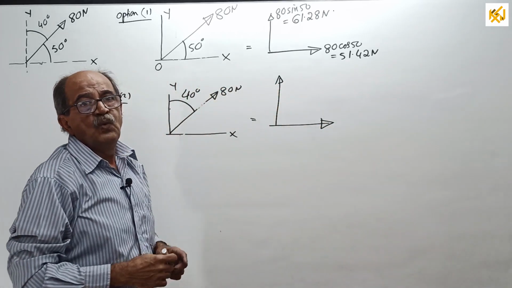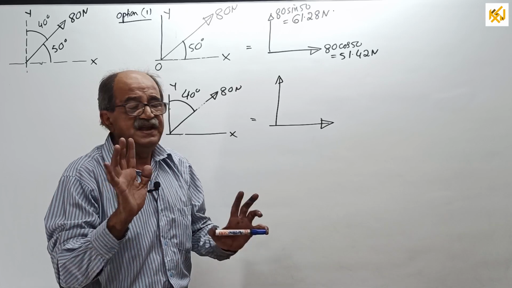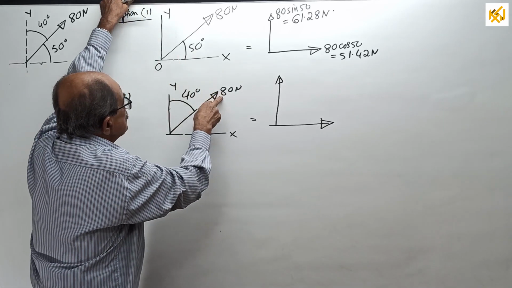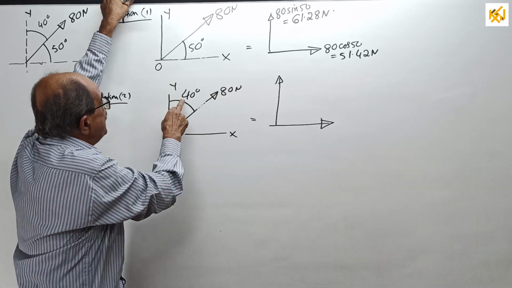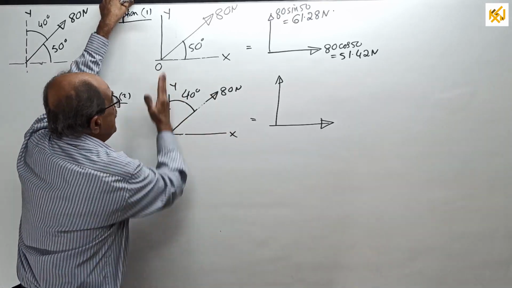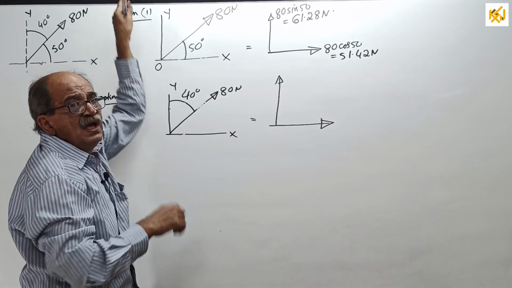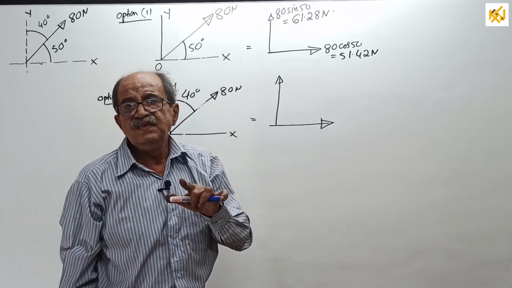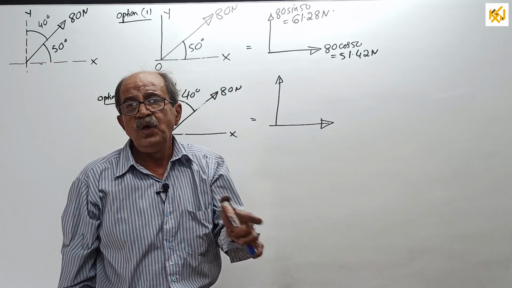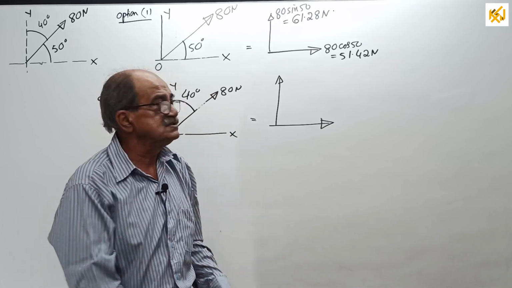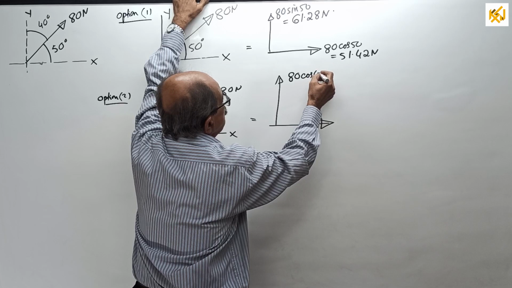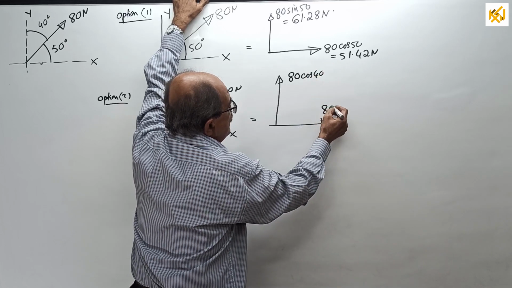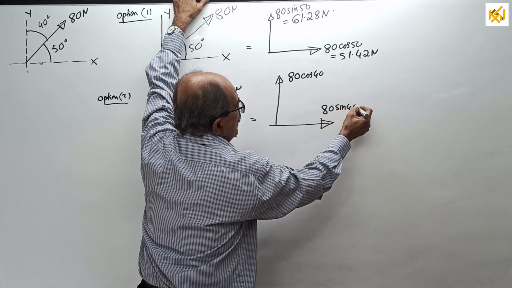Now, what you have to decide? Force is 80 Newton. The angle considered is 40 degrees, but with the y direction. So this time our angle considered is with the y direction. Therefore, the y component is cos: 80 into cos of 40, and this is 80 into sine of 40.